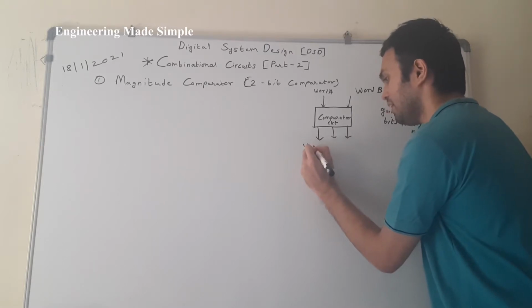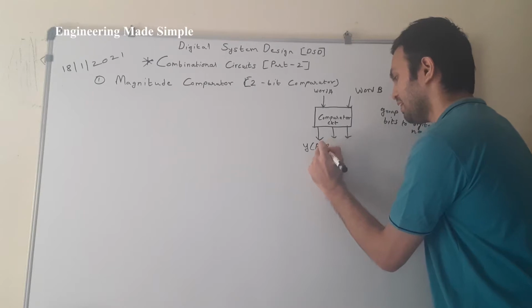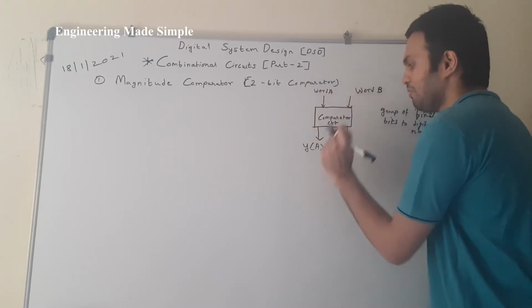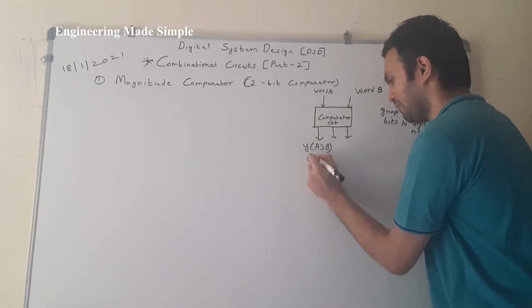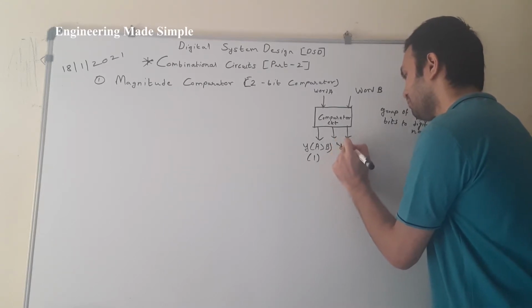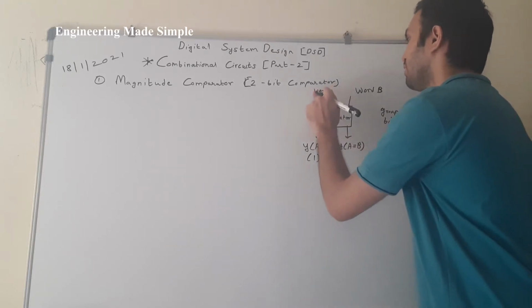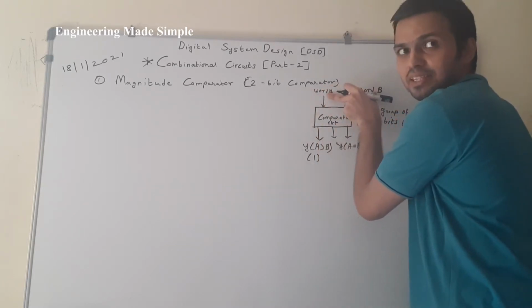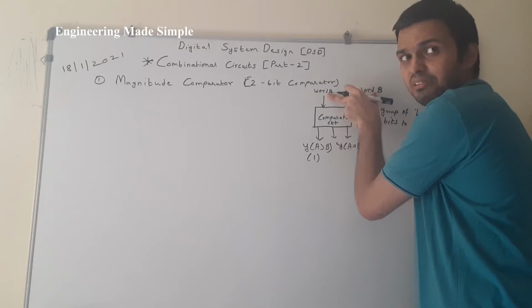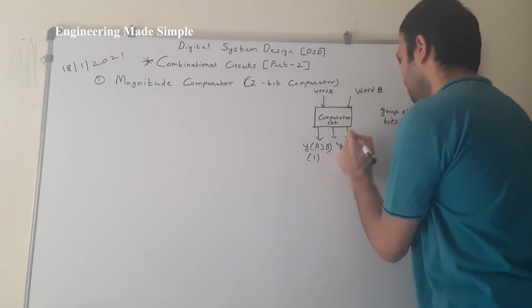It will generate an output for y is equal to A greater than B. So if A is greater than B, this output will be high, it is logic 1. Then the second output will be y is equal to A equals B. So if the two numbers have the same value, or the same magnitude to be precise, then this would be 1.